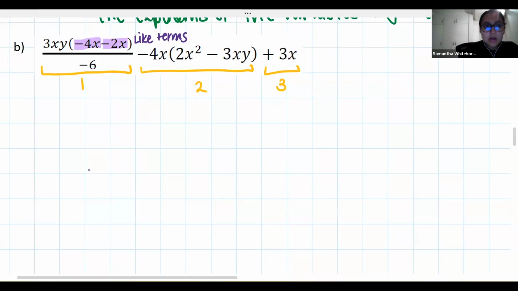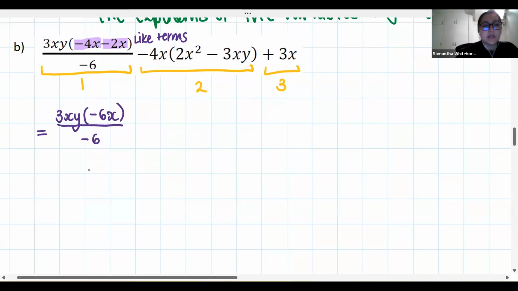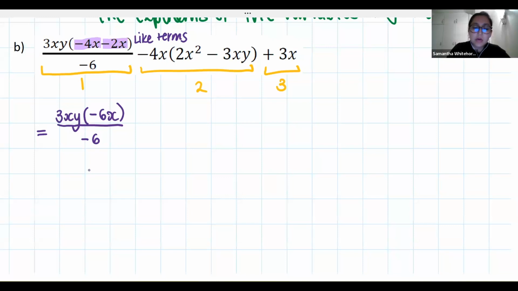So I can immediately say this actually simplifies to 3xy times minus 6x. Minus 4x minus another 2x is minus 6x. That is then being divided by the negative 6. Automatically, that is a bit simpler than what I started with.